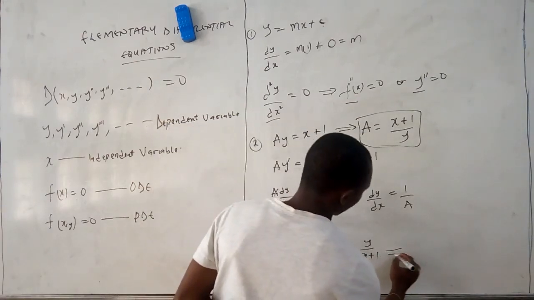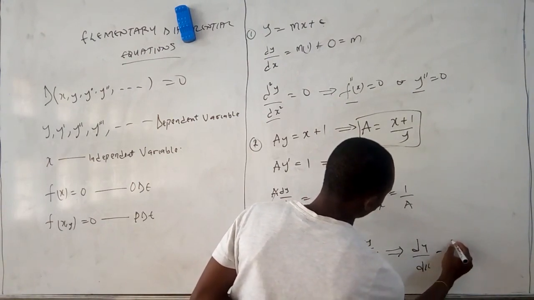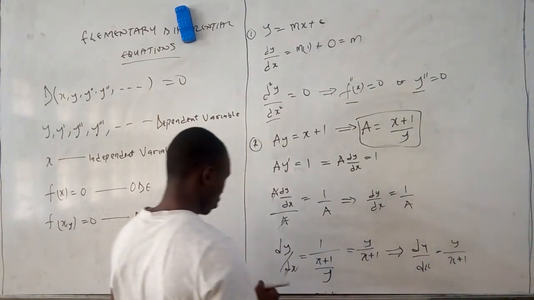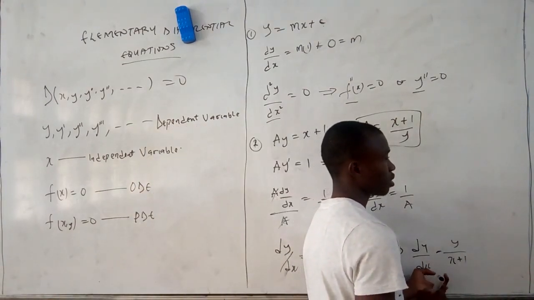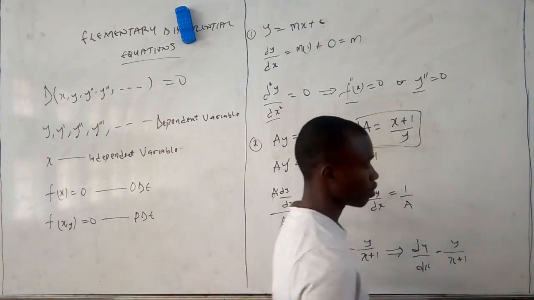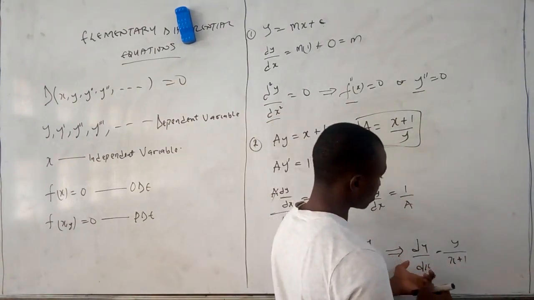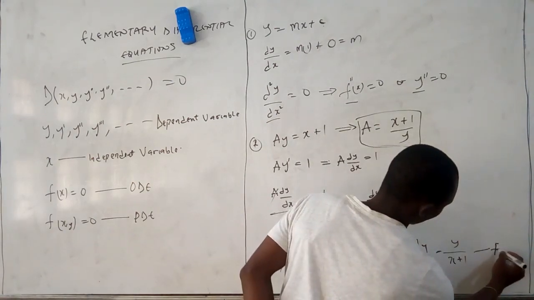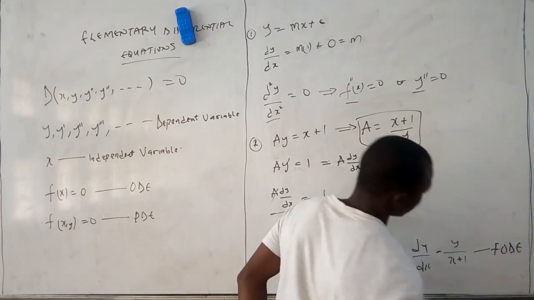So the solution is dy dx is equal to y over x plus 1. So at this point, you have your first order ordinary differential equation because the derivative is the first derivative.